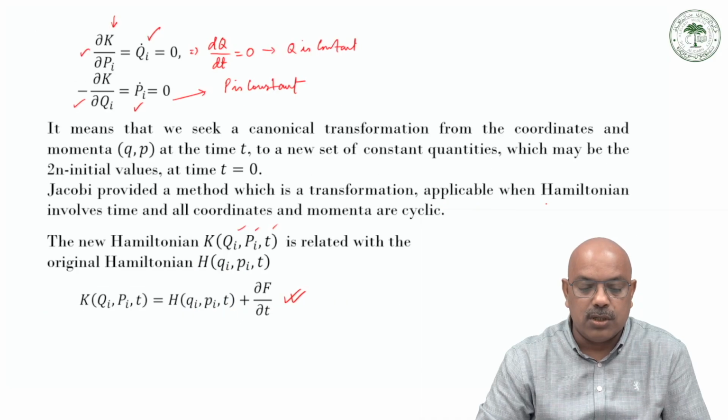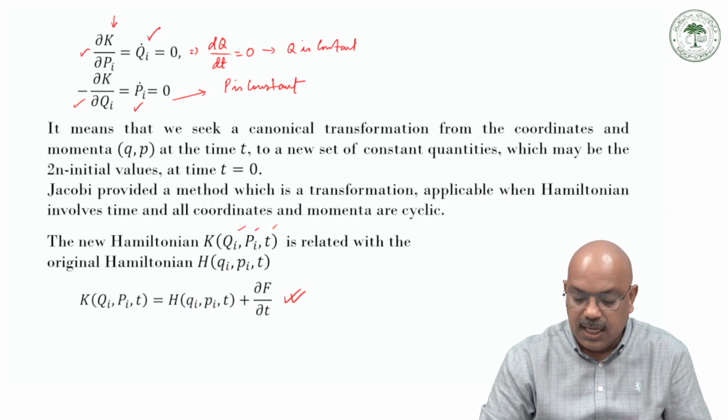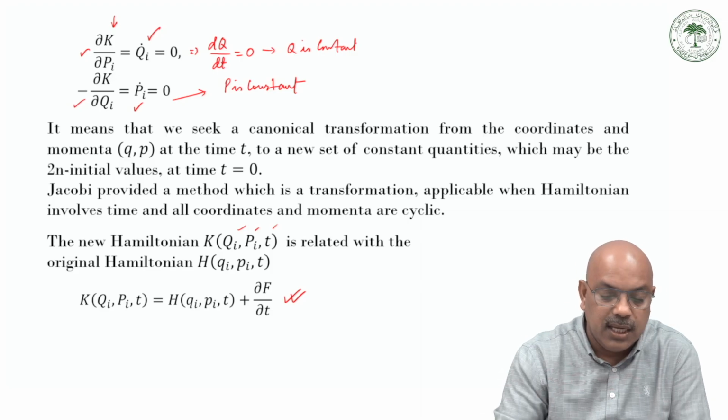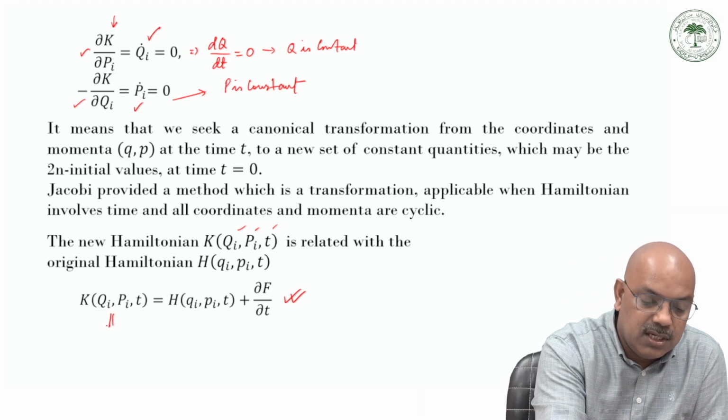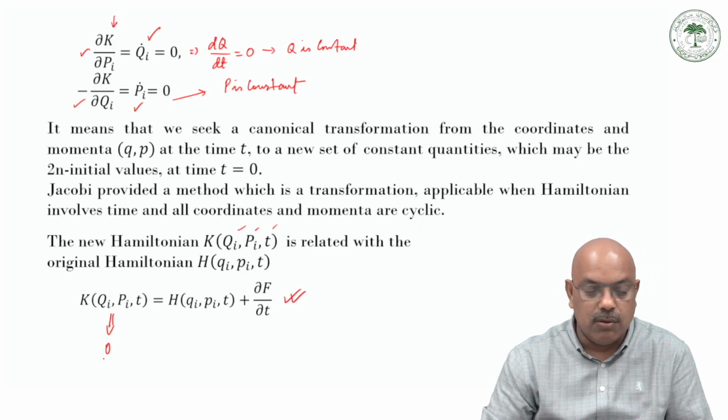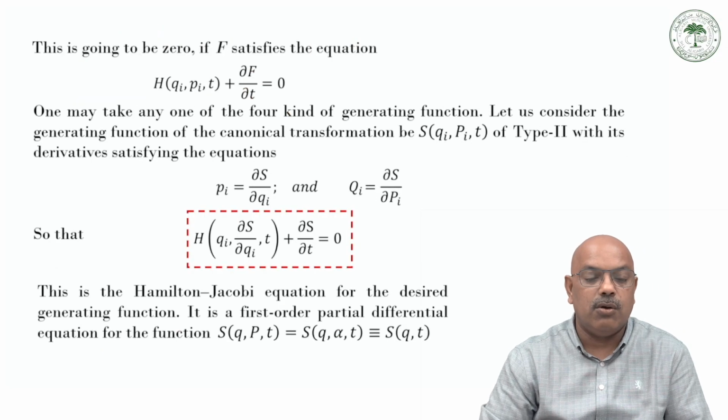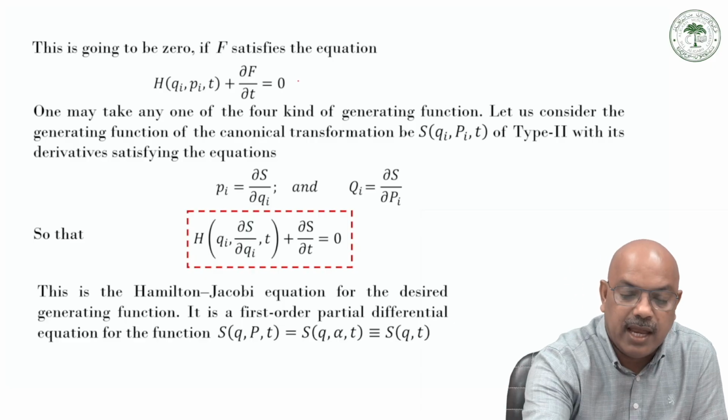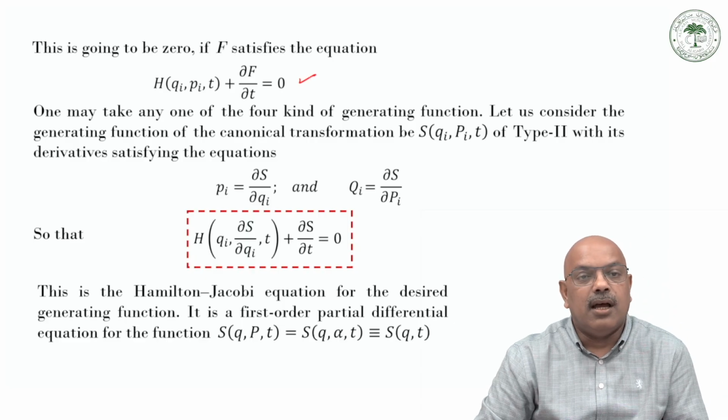So this is what we seek, and what I'm demanding in Hamilton-Jacobi theory is that this has to be equal to 0. Okay, so when this is equal to 0, then F satisfies this relation: H plus the partial time derivative of F is going to be 0.